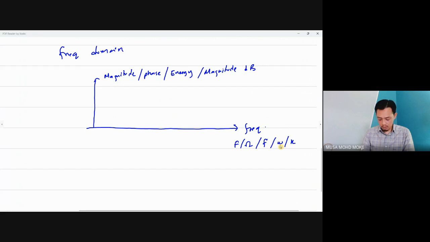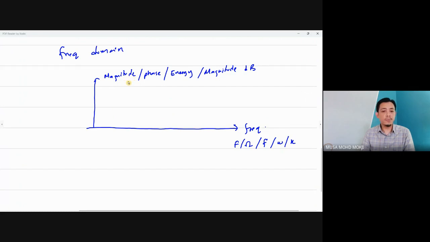So these are actually the frequency plots. Either you plot one of these 4 measures versus one of these frequencies. We're not going to plot all the frequencies every time, so we need to pick one frequency and one measure. Later we're going to do some analysis on it.